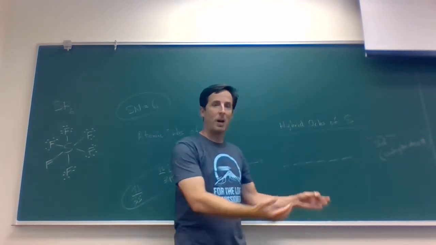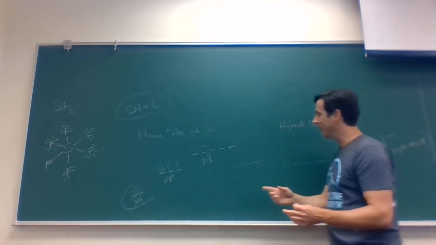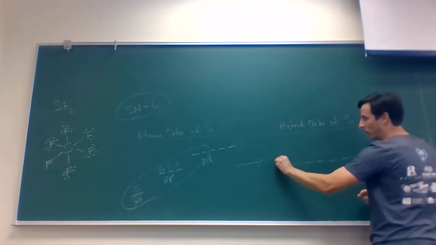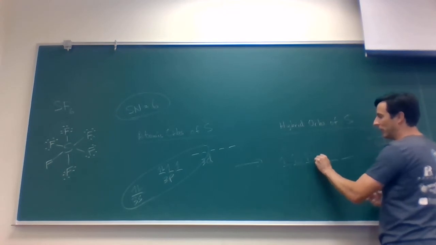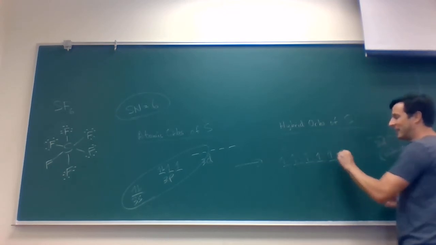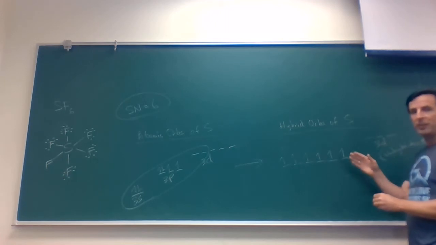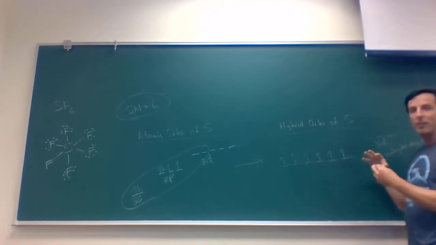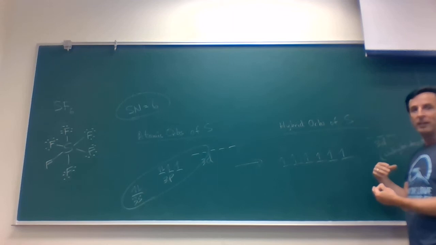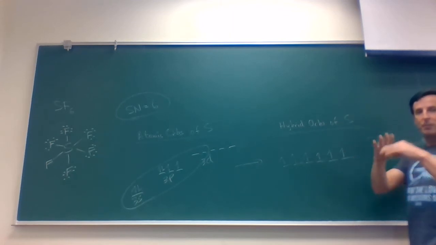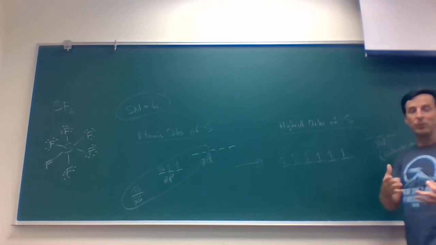But once it makes this molecule, it's going to put the 6 electrons in each of these orbitals. 1, 2, 3, 4, 5, 6. Now I have 6 orbitals that all have 1 electron each. They're ready to make a bond. I can put them in any shape I want, and if there's 6 orbitals, I'm going to spread them out into an octahedral arrangement.